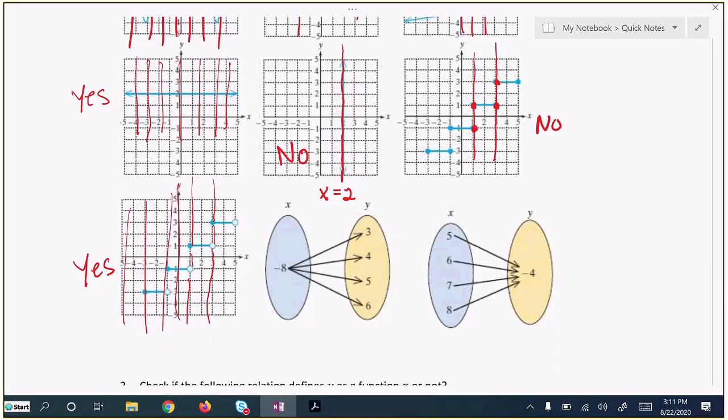What about this type of representation, where we have the bubbles? In this first picture, the domain is -8, and the range is 3, 4, 5, and 6. And the ordered pair -8, 3 is in the relation, -8, 4 is in the relation, -8, 5 is in the relation. So this is clearly not a function.